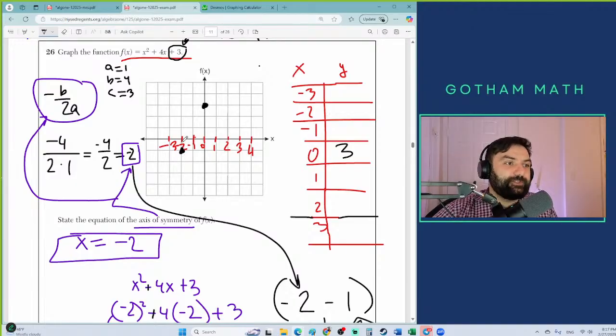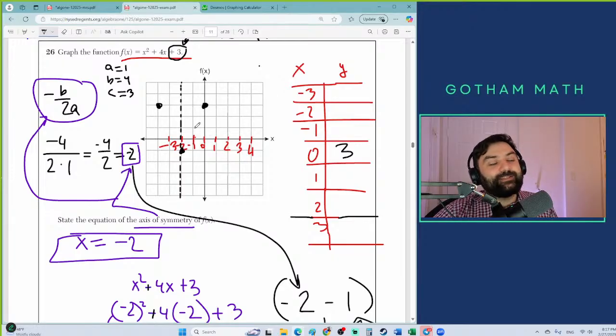And what's interesting is that since the parabola is symmetrical and this is the axis of symmetry, we are going to have the same point on the other side of the axis of symmetry. So we can just go two squares from the line of symmetry to the left and put a point like that. I don't know if this is enough or not, right? This is going to be (-4, 3).